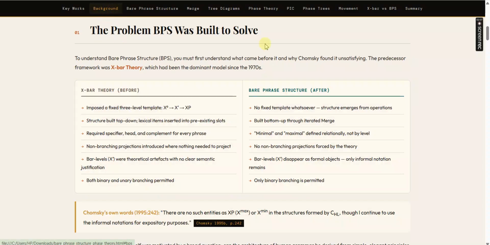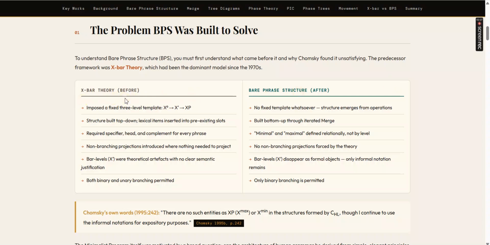Let's go to the background: the problem for which BPS, that is bare phrase structure, was built. To understand why BPS exists, you need to understand what it was reacting against.